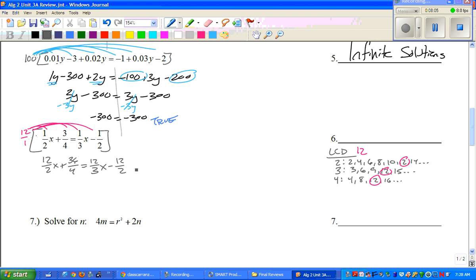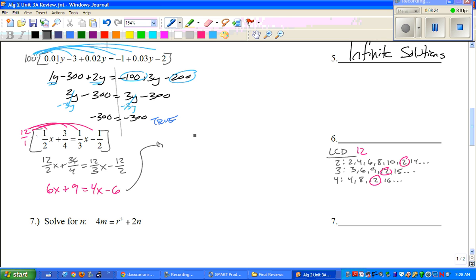Remember, we're just multiplying the numerators there, okay? Reduce those out. 12 divided by 2 is 6x. 36 divided by 4 is 9 equals 12 divided by 3 is 4. And there we go.